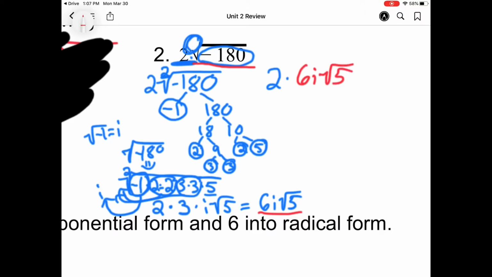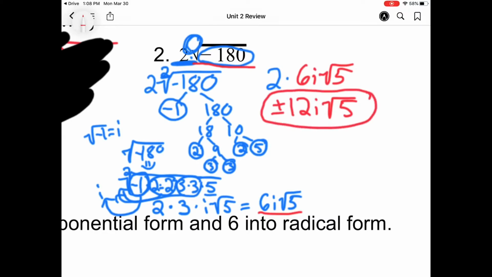And then simplify. So 2 times 6 gives me 12. i doesn't change, and the 5 doesn't change. Then we have plus or minus because most of this came out from underneath the radical. So that is our answer for number 2.